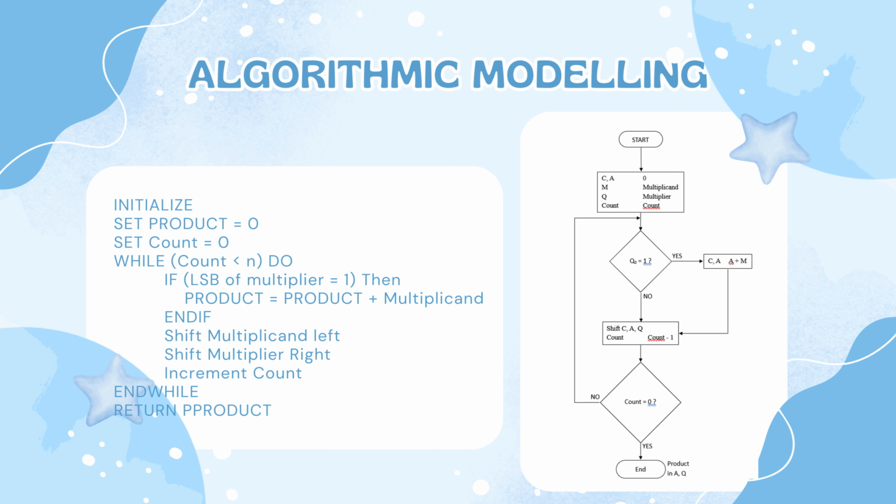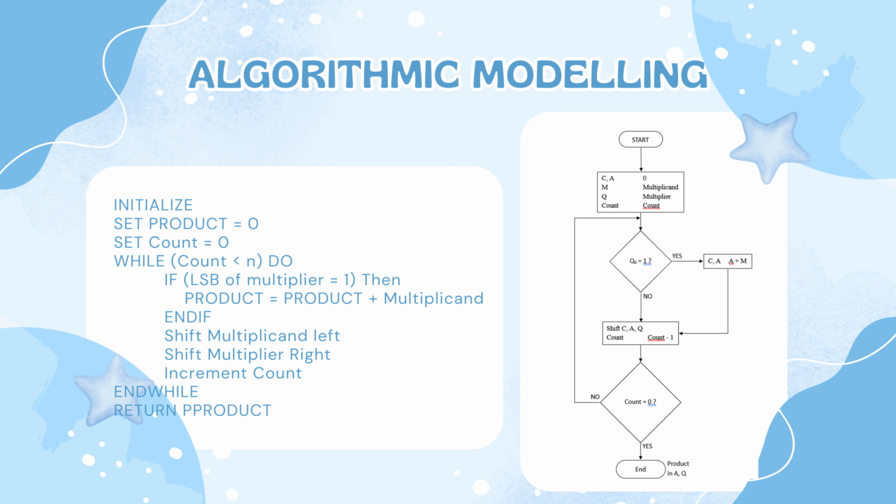First, initialization. We set the product to 0 and initialize a counter to track iterations. Second, loop execution for n-bit multiplication, n equals 4 in our case. We check the least significant bit, LSB, of the multiplier. If the LSB is 1, we add the multiplicand to the product.